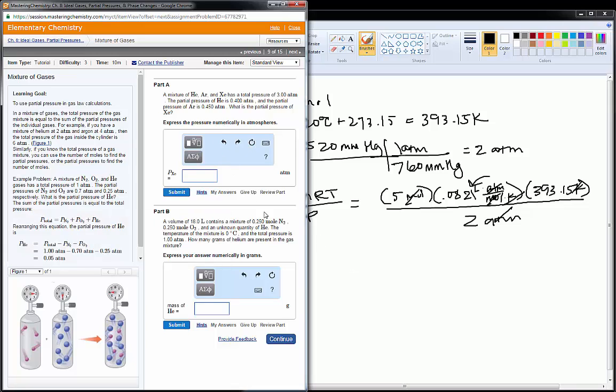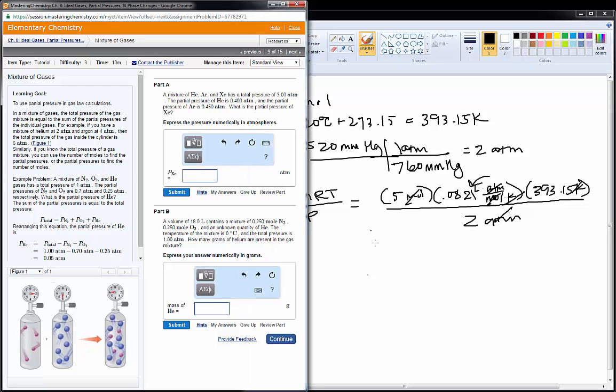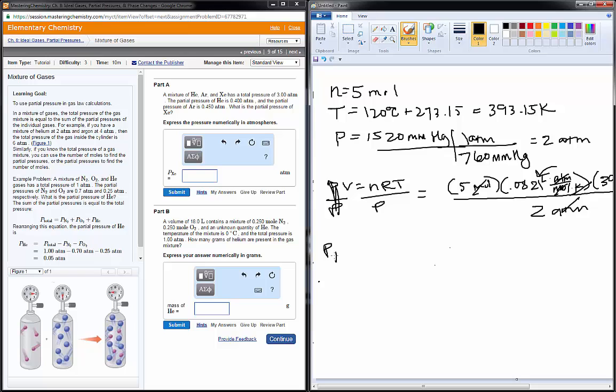So here, for the question, they say we've got a mixture of helium, argon, and xenon. Total pressure, P tot, equals 3 atmospheres. Pressure of the helium, 0.4 atmospheres. Pressure of the argon, 0.450 atmospheres. So what is the pressure of the xenon?